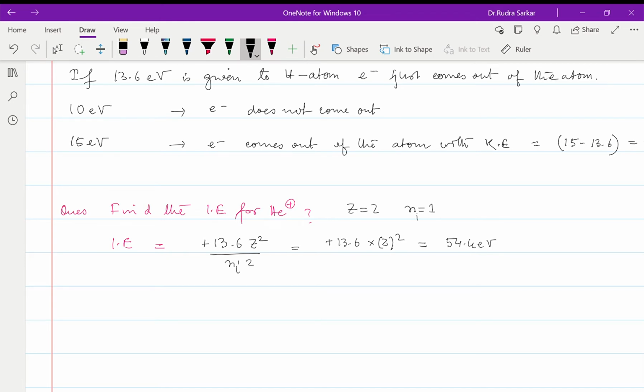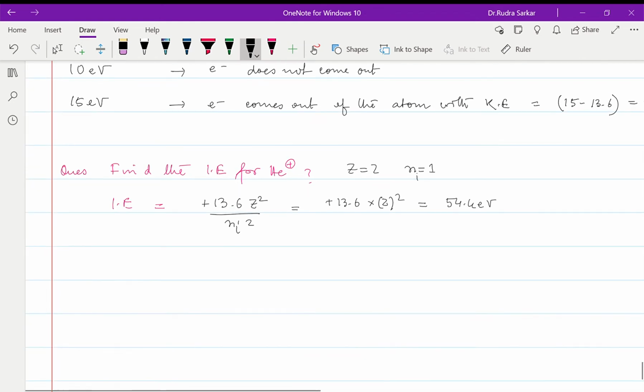One thing you should also remember here, that ionization energy always has sign opposite to that of energy. Do you agree?